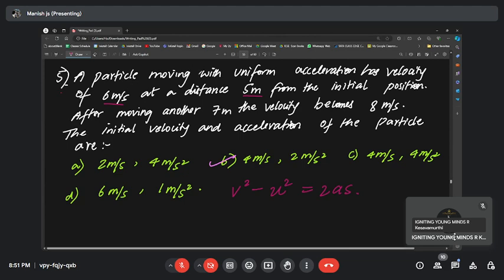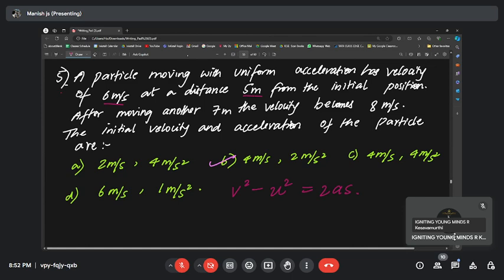A particle moving with uniform acceleration has a velocity of 6 meters per second at a distance of 5 meters. But we are not sure whether it started at just 6. It could have started at some other value also.